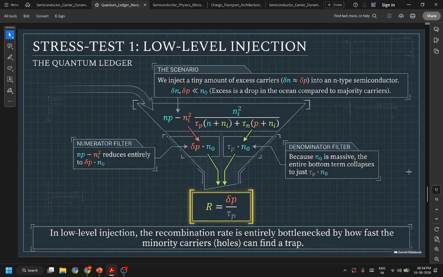So the numerator drops to delta p n0, and the denominator drops to tau p n0. Because n0 is massive, the entire bottom term collapses to just tau p n0, which leads to a recombination rate becoming delta p by tau p. So in low level injection, the recombination rate is entirely bottlenecked by how fast the minority carriers can find a trap.